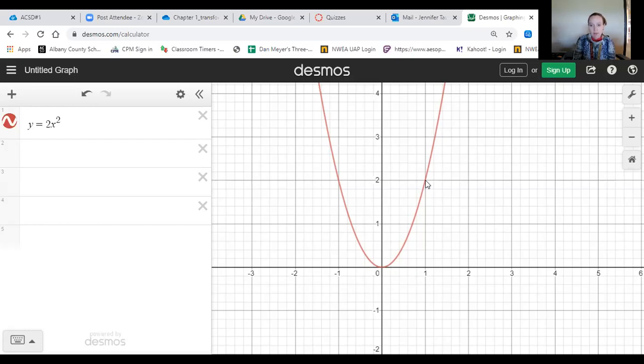Interesting. You can pause the video here and draw in this parent function that has been transformed. Put in those critical points: vertex at 0, 0, and then I had to go up 2 to the right one to get to that next critical point.